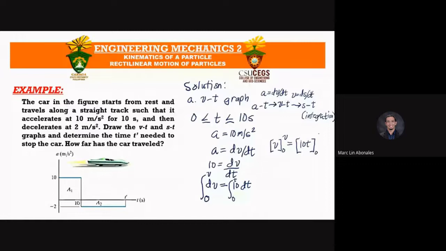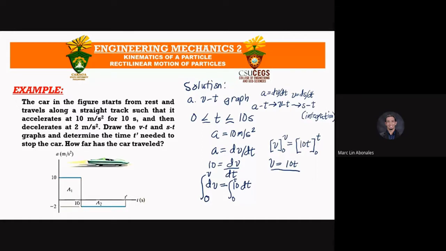Then pag substitute sa upper and lower limit, that is upper minus the lower. So sa imuhang bracket, you substitute the upper and lower limit. So v minus 0, so v man gihapon na siya. Here is 10t minus 0, so that would be 10t. So this is your expression for your velocity that describes the time interval 0 to 10 seconds.